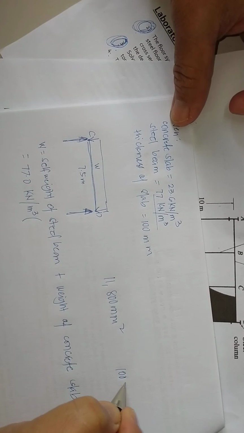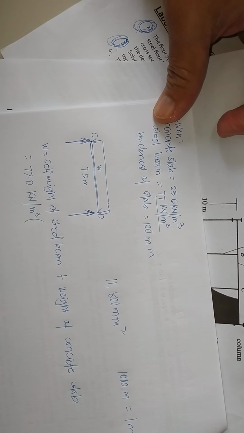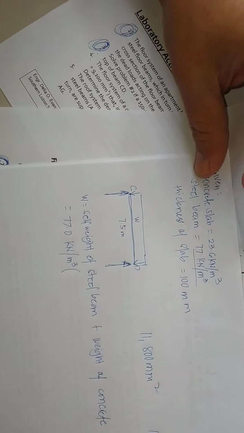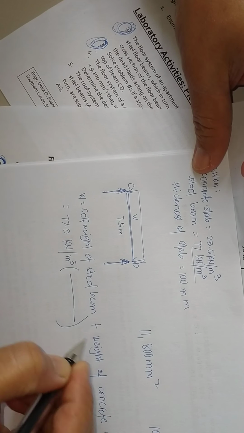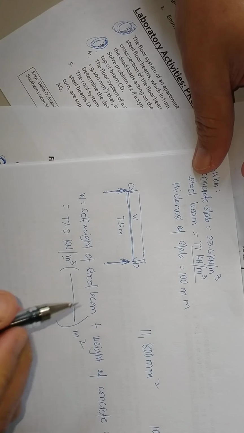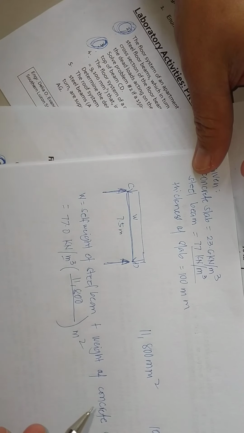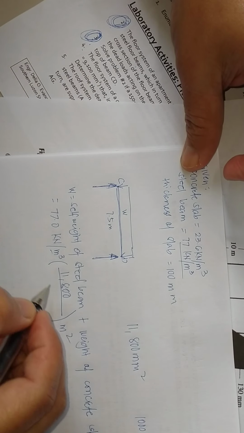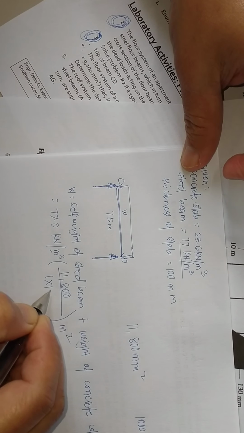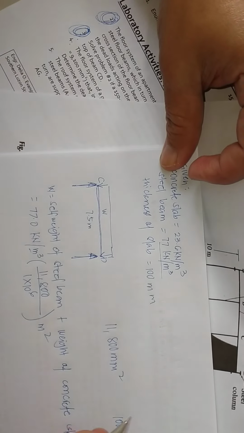In order to convert it to meter square, because we have cubic meter here, 11,800 millimeter square divided by 10 to the 6 to be meter square.